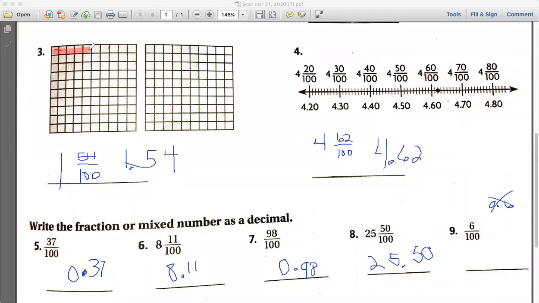1, 2, 6 there. Okay, so it would look like that. All right, that's 6 tenths right there. All of that is 6 tenths. That's really different from 6 hundredths. 6 hundredths is just 6 little squares. 2, 3, 4, 5, 6.